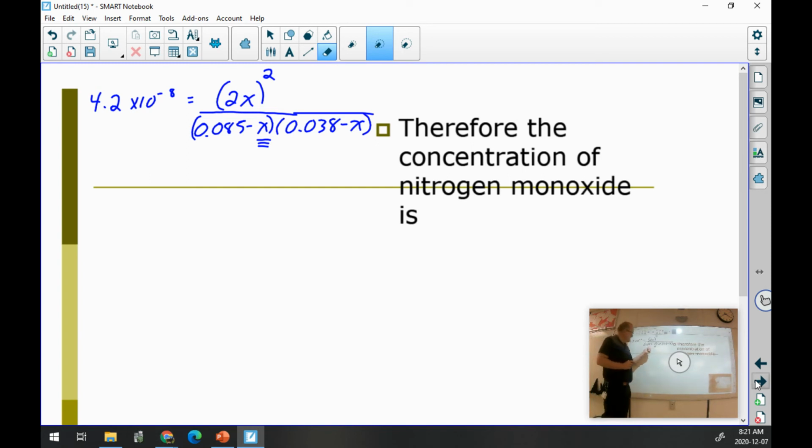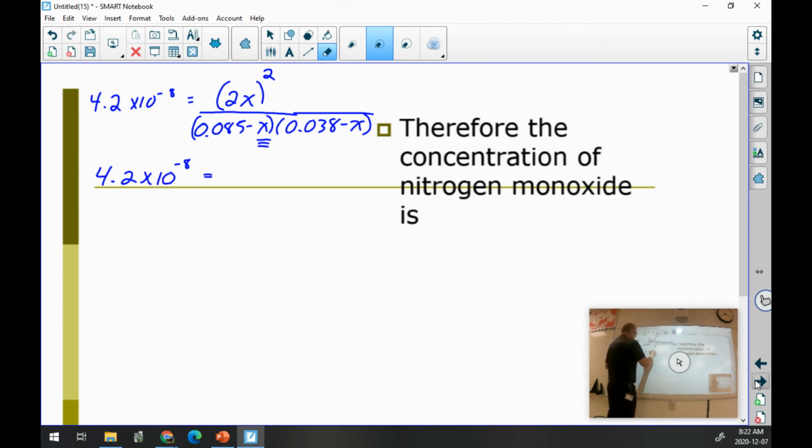So this X, in comparison to the 0.085 that they started with, is very, very small. Same with the 0.038. Compared to the 0 of the nitrogen monoxide we started with, it is infinitely larger. So because we're strongly favoring the reactants, we can take this expression and simplify it.